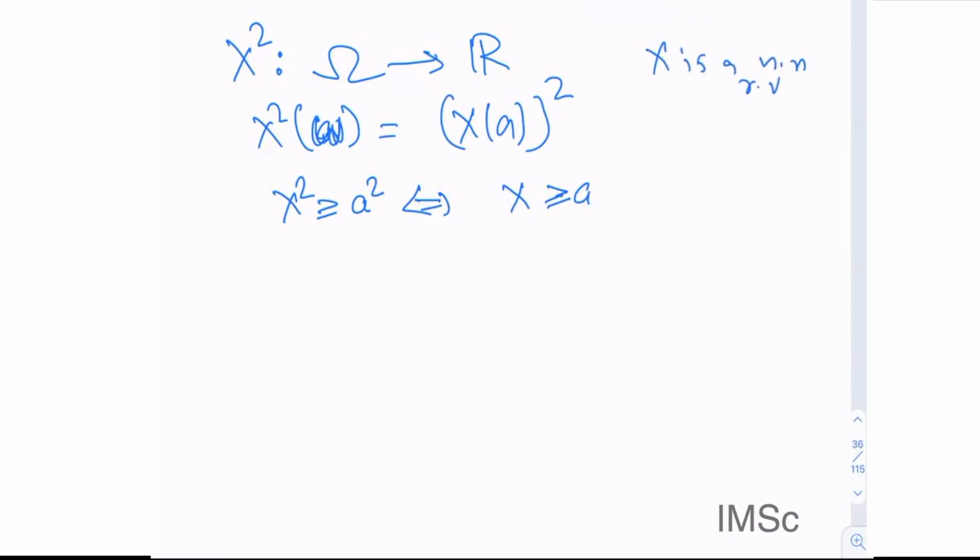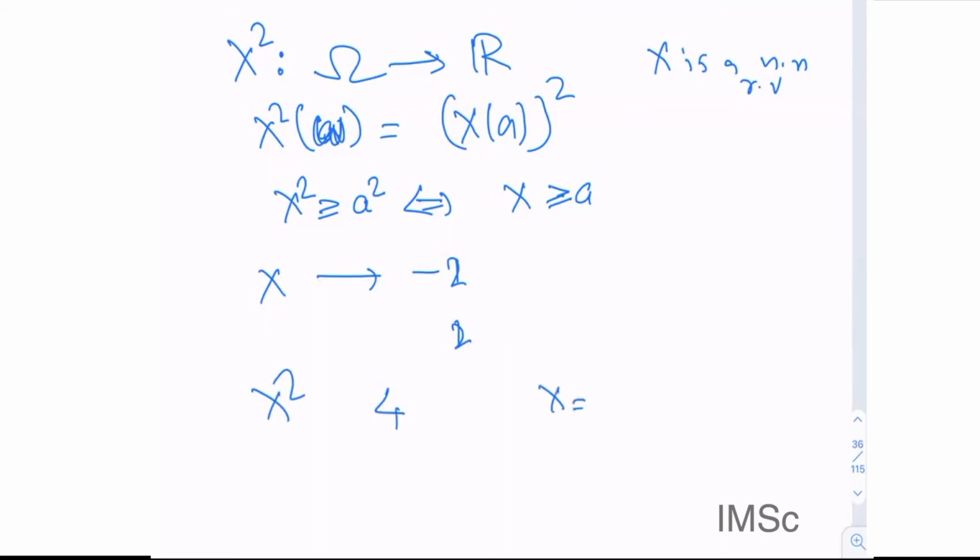Otherwise, if x could take negative values, say -2 and 2, then x square is going to take 4 when x is -2 and also when x is 2. But since I have removed negative quantities from my world, x square is 4 if and only if x is equal to 2.